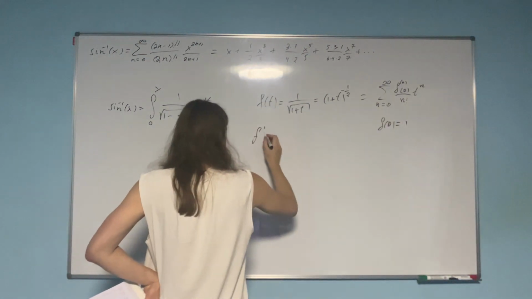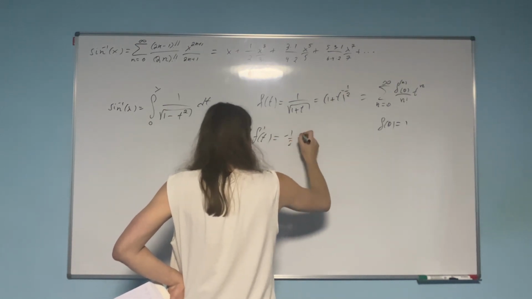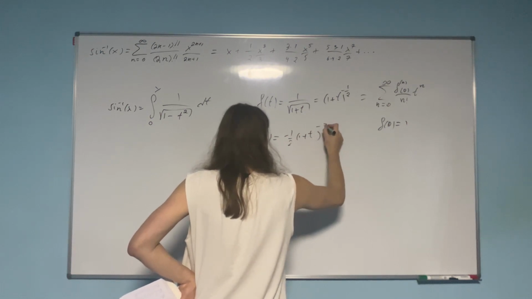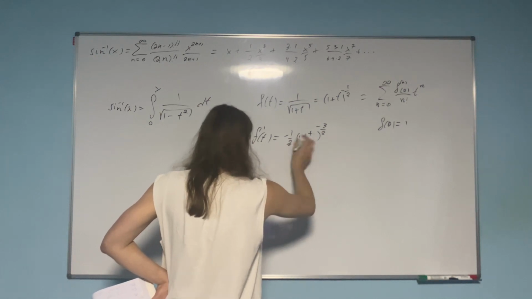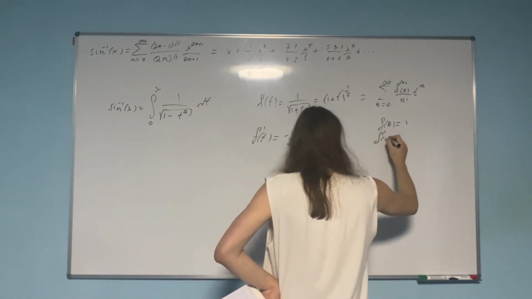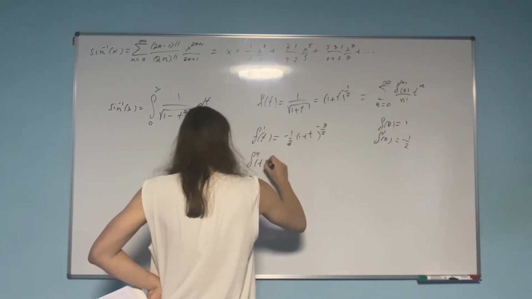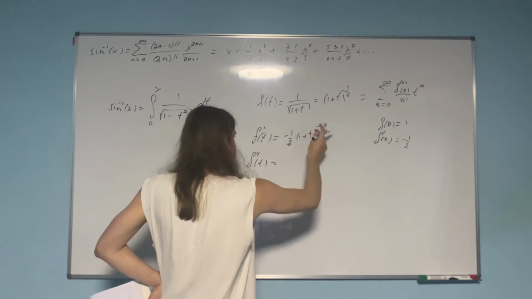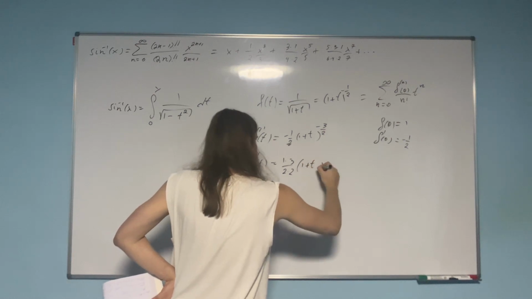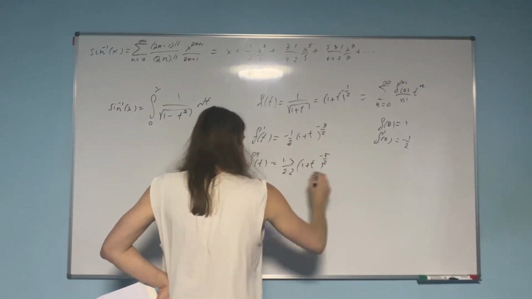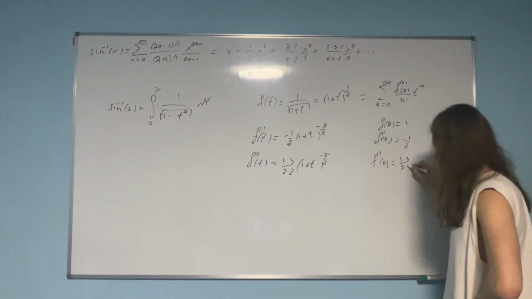Its first derivative, using the power rule, is minus 1 over 2 times 1 plus t to the minus 3 over 2 power. Applying the chain rule here changes nothing. This derivative value at 0 is minus 1 over 2. And we take another derivative, we get now 1 times 3 over 2 times 2. The power is now minus 5 over 2. Evaluated at 0, this is 1 times 3 over 2 times 2.